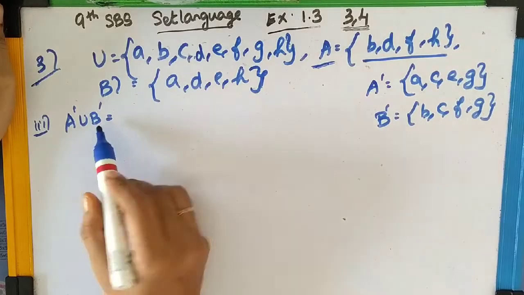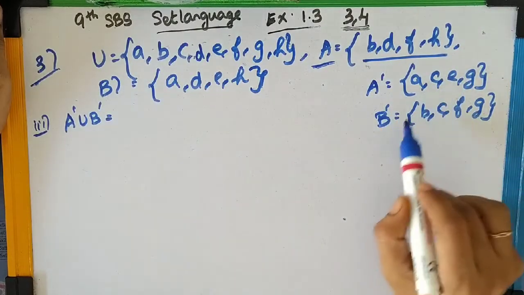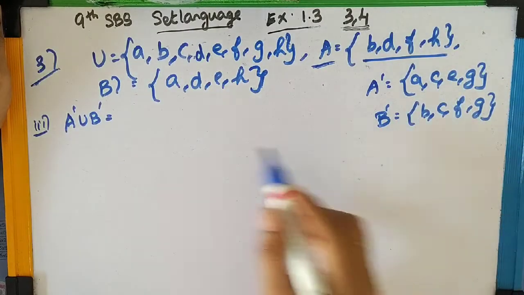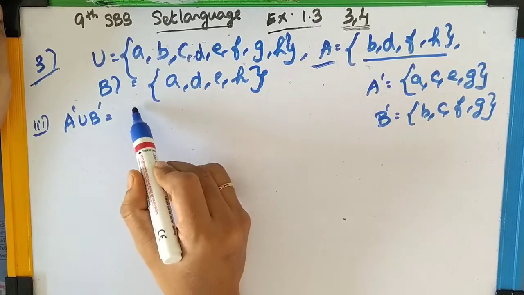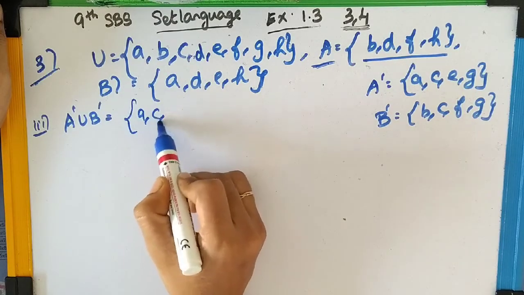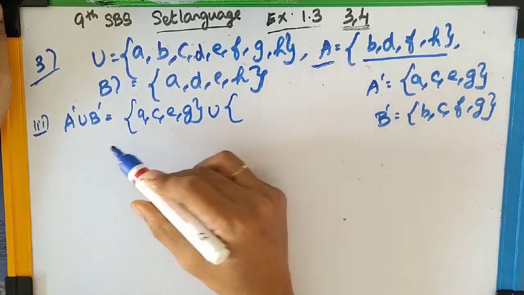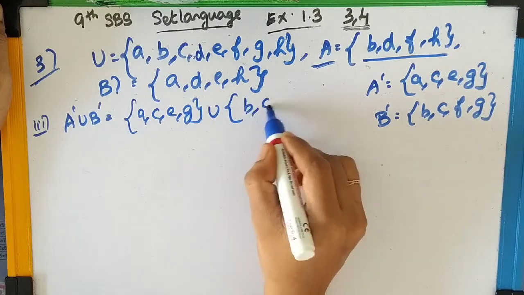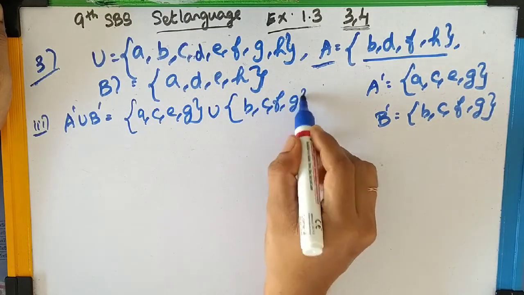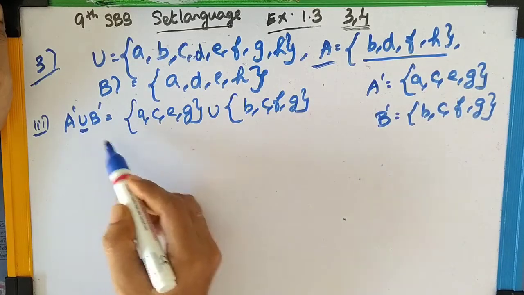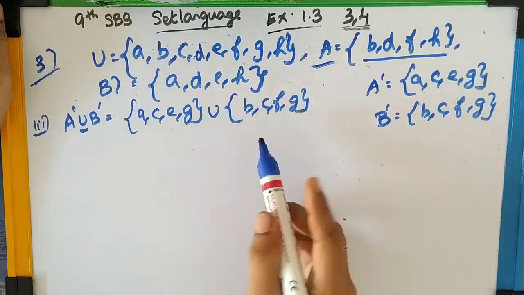Now we have to find A dash union B dash. I have written A dash and B dash, which we found already, for your reference in the right corner. Now what is A dash union B dash? First I am writing the A dash set, that is A, C, E, G, union B dash set, B, C, F, G. What is the meaning of union?